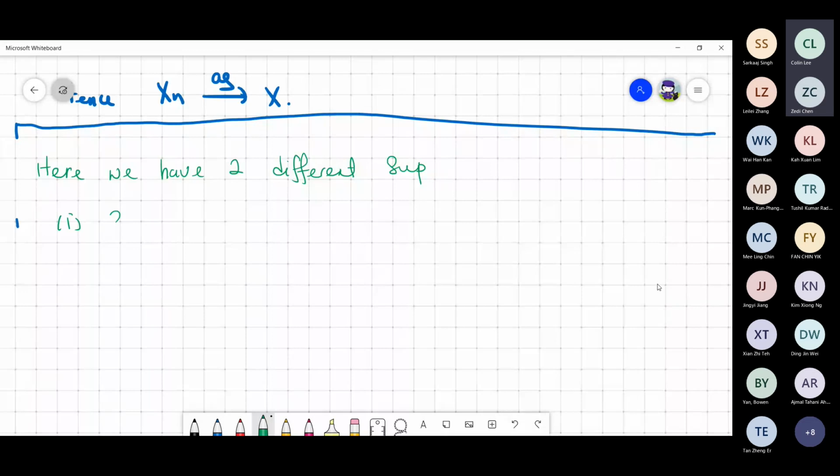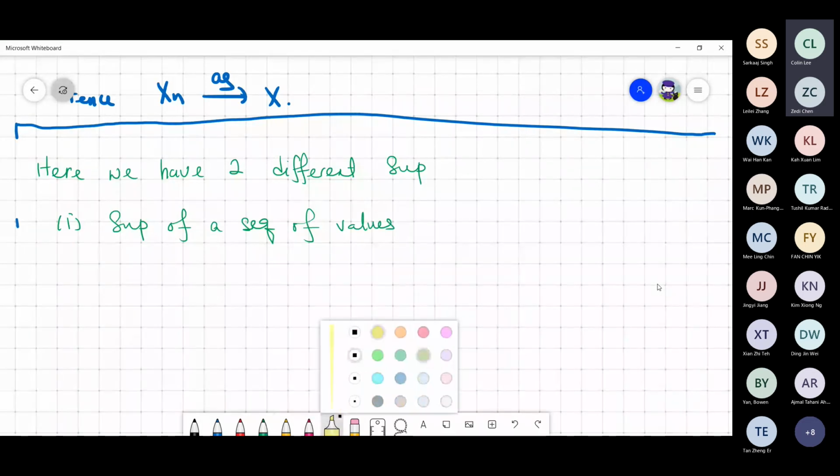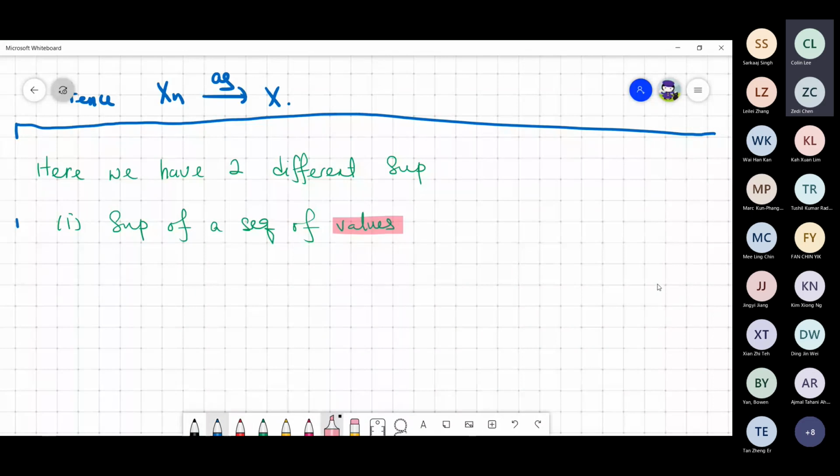The first one is the supremum of a sequence of values, meaning numbers or scalars. You may interpret values as numbers or scalars. So this is the first concept of supremum: the supremum of a sequence of values.